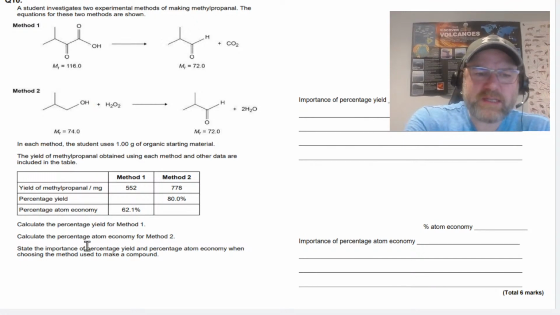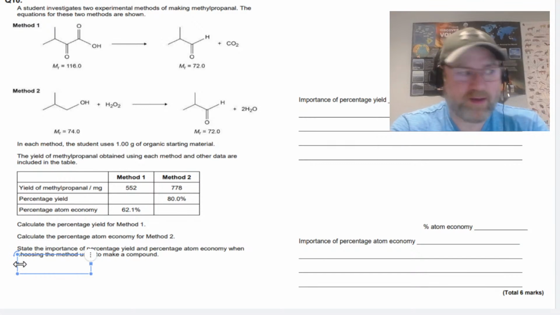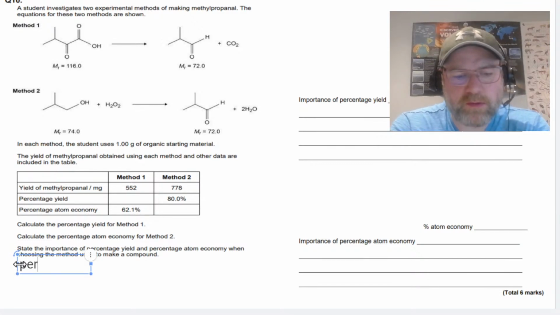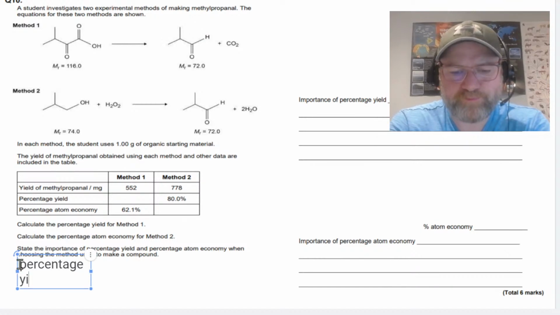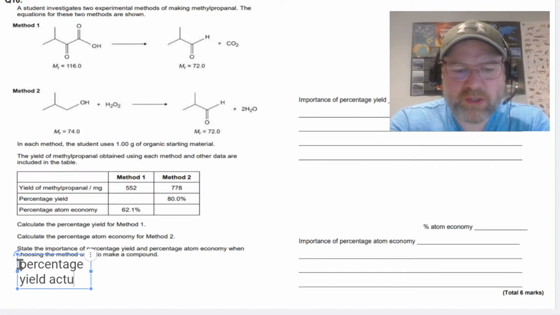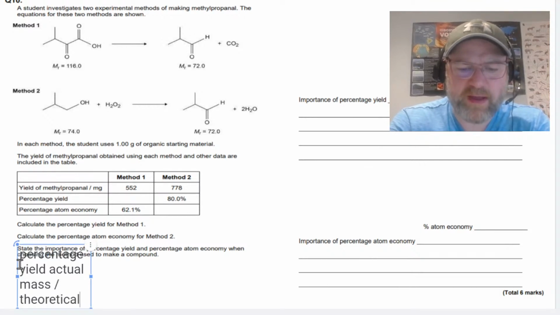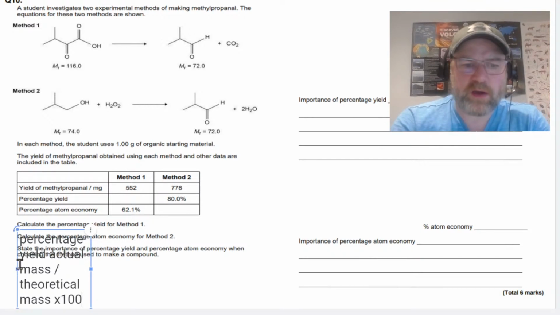So percentage yield is another equation. For percentage yield, you want actual mass, and you would have done this at GCSE, over theoretical mass times 100.